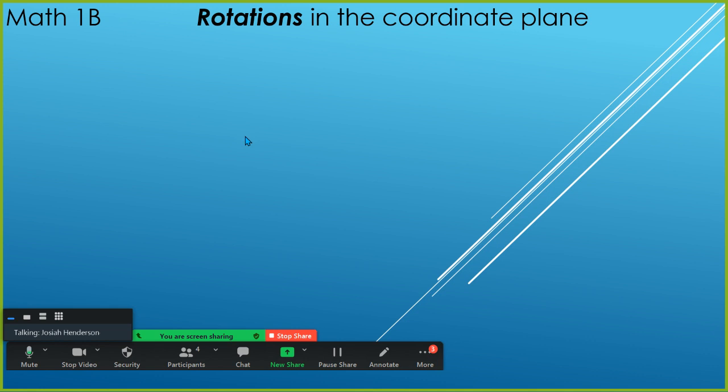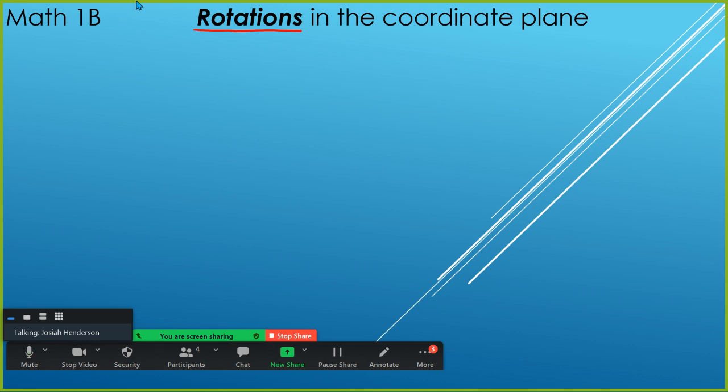Okay, so we're going to move on today from reflections, and we are going to look at rotations in the coordinate plane. I want to keep this in your minds, similar to what we've been doing. Yesterday and Thursday, we saw those patterns: keep x the same, change y, flip x and y.